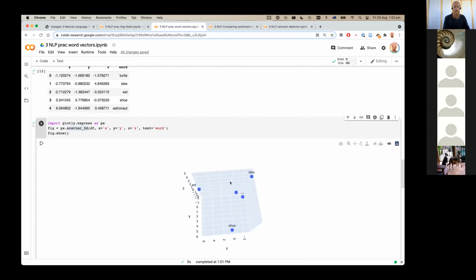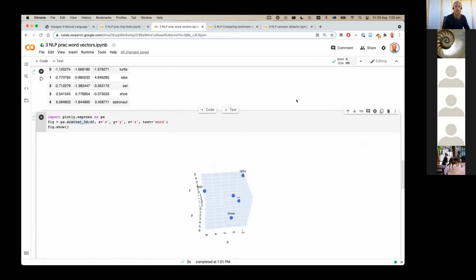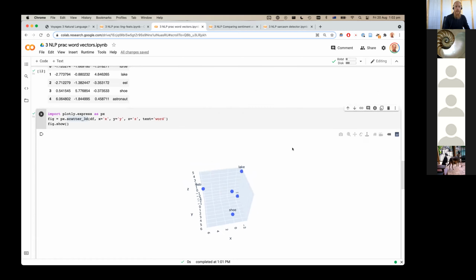So for some reason, astronaut's more similar to lake on that dimension than shoe. So again, a fun thing to play around with. And the scatter plot gives us a good way to represent these concepts.